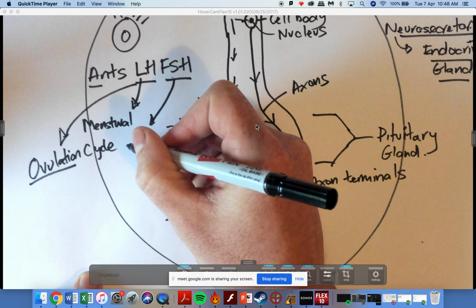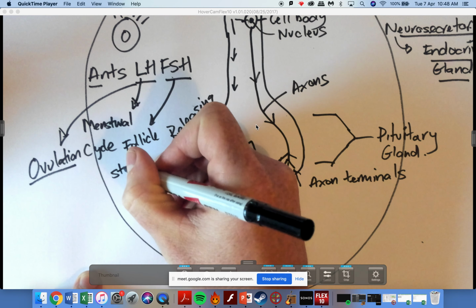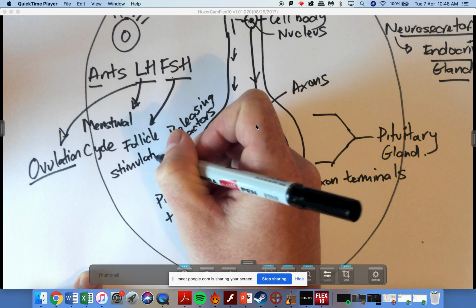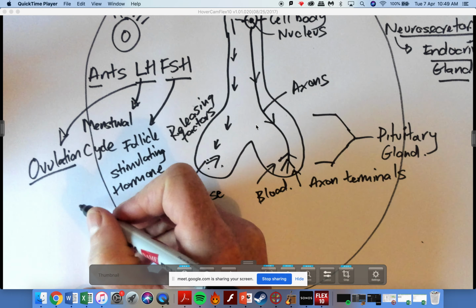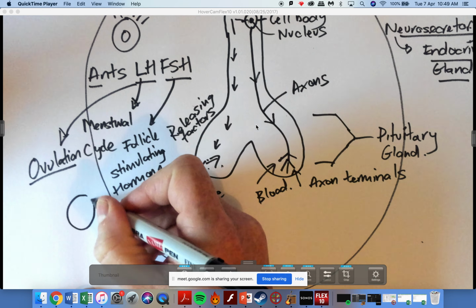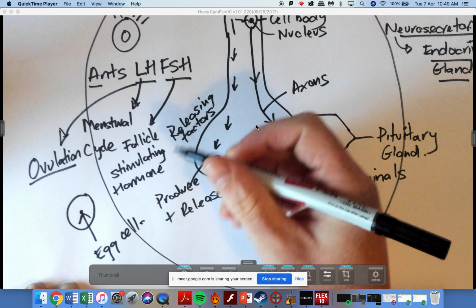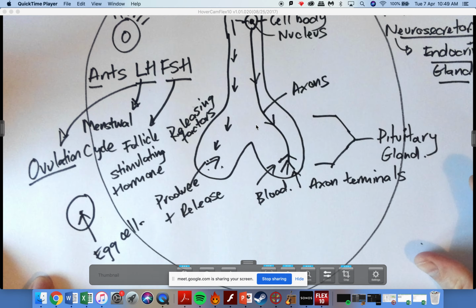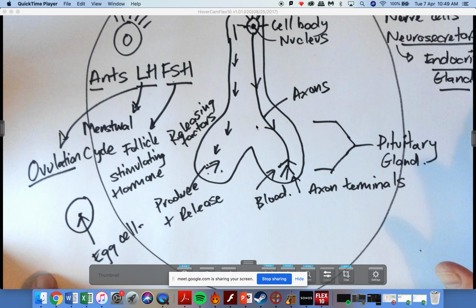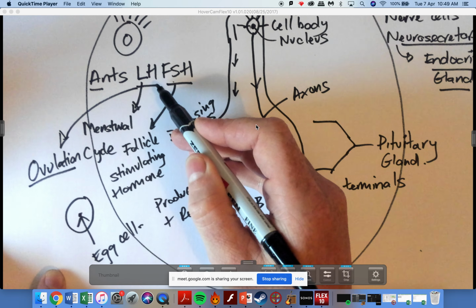FSH is follicle stimulating hormone. And what it does, a follicle contains an egg cell. And so what it does is every month it's released and it causes one of those egg cells to develop and to grow. So follicle stimulating hormone. Okay, so anterior, it's the two reproductive hormones.